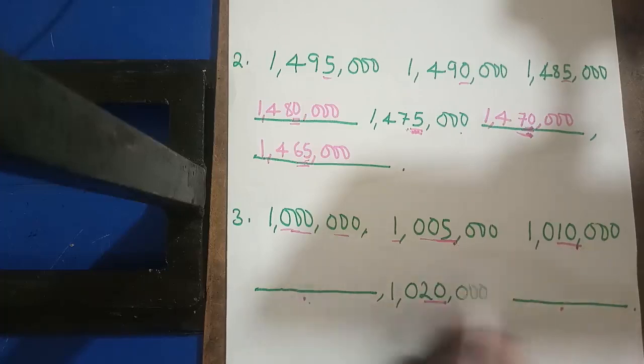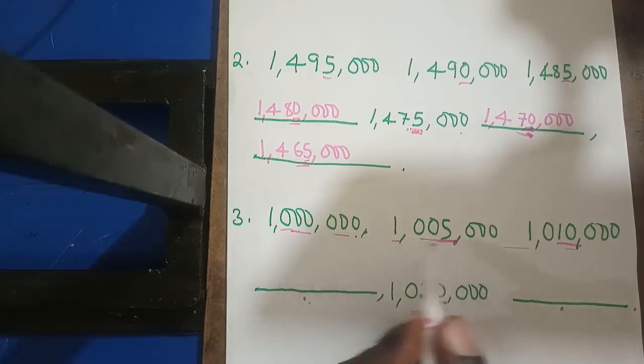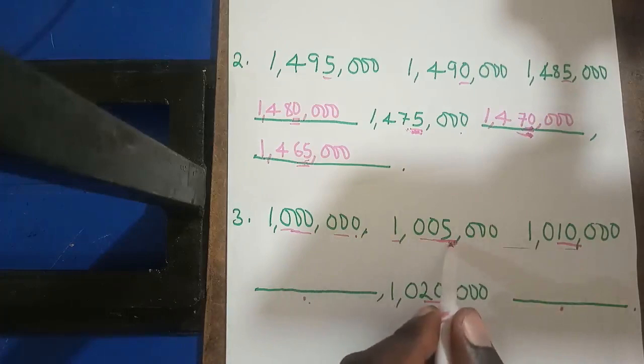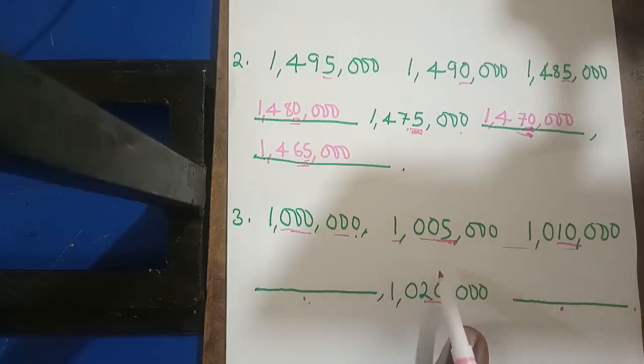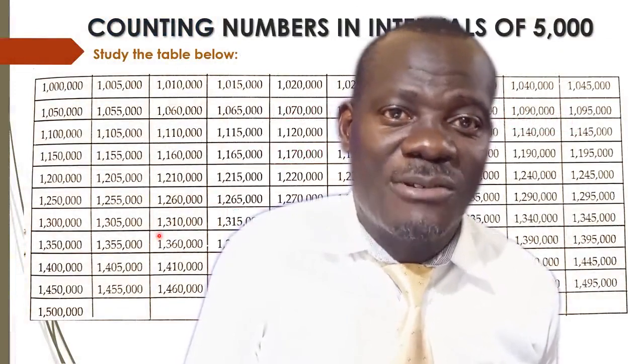Here, we can find a clue within these three figures, because the first one is 1 million, but the next one is no longer 1 million, there's a change by 5,000. Now, is that change adding on or reducing? I guess you're right to say it is adding.